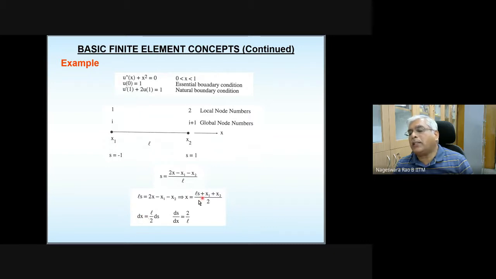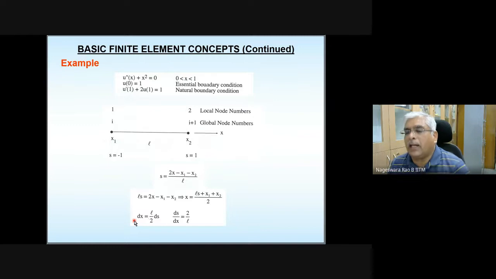You just take differentiation on both sides of this equation. It's going to be dx is equal to L by 2 ds, where L is a constant. And x1, x2 are coordinates, so they are constant, and when you take the derivative they are going to be 0. So this is the relation between dx and ds.